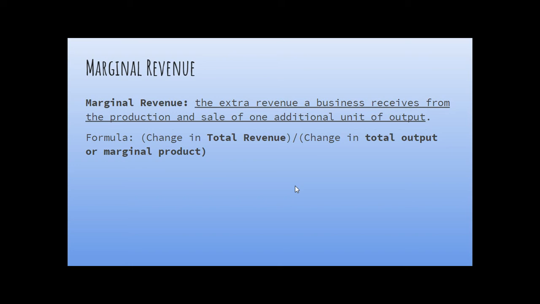It's the extra revenue a business receives from the production and sale of one additional unit of output.